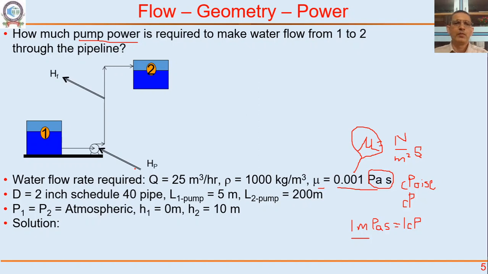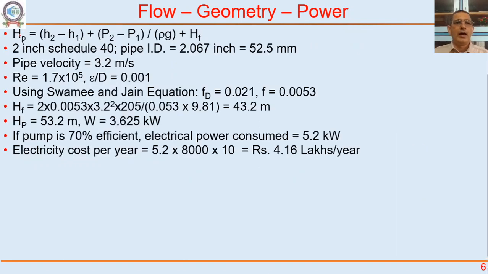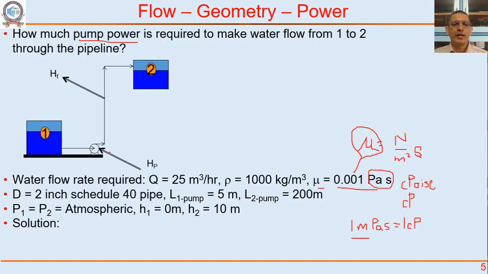Okay, here is the solution. What we are going to do, we are going to write the Bernoulli equation. Velocity in location 1, velocity in location 2, they are almost the same. So in our Bernoulli equation, alpha 1 v1 square by 2 and alpha 2 v2 square by 2 will just cancel out. Velocities are small and they are anyway approximately the same.